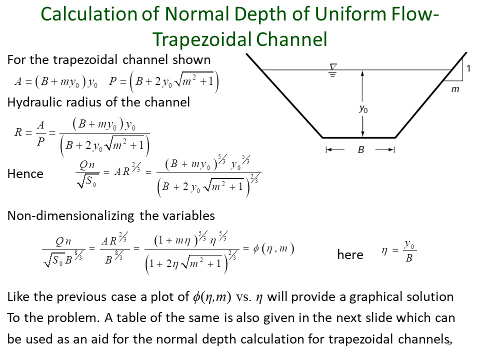So the hydraulic radius, which is the ratio of the cross section to the wetted perimeter, is given by B plus m y naught into y naught by B plus 2 y naught under root m square plus 1.